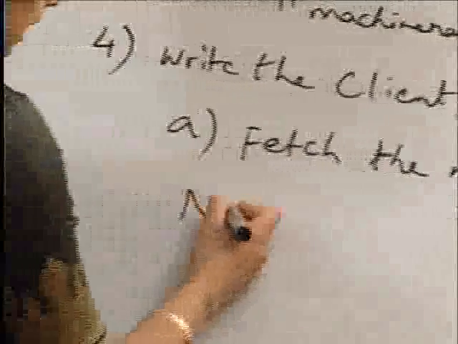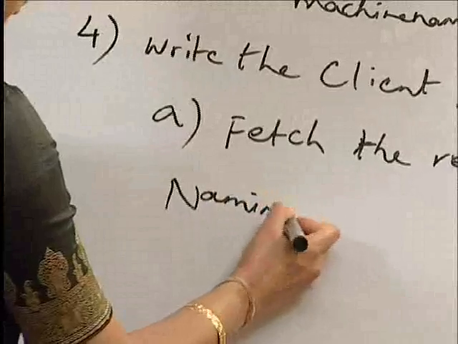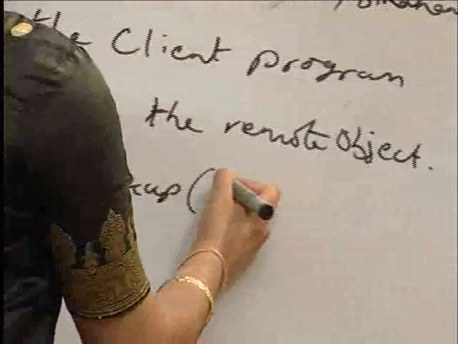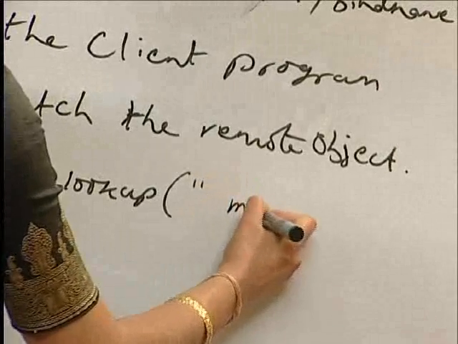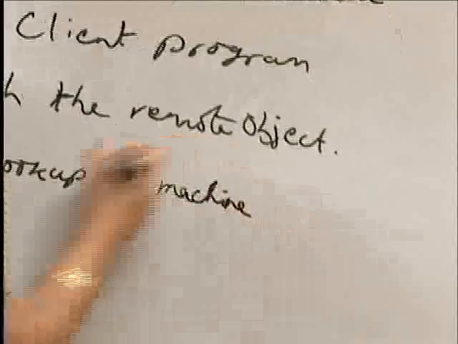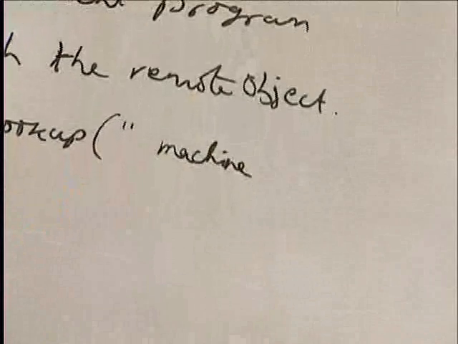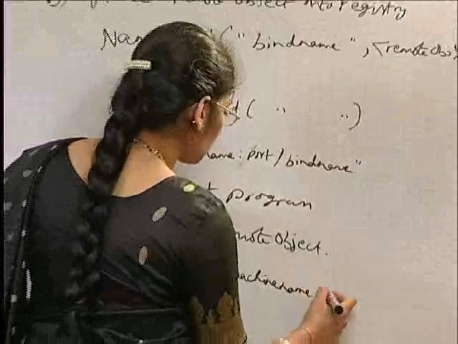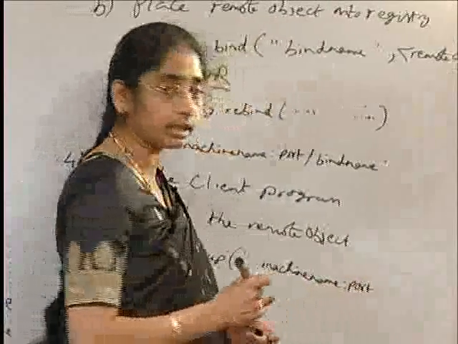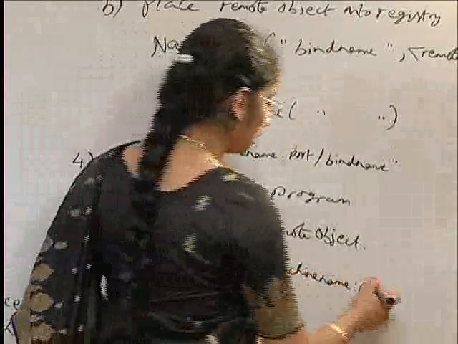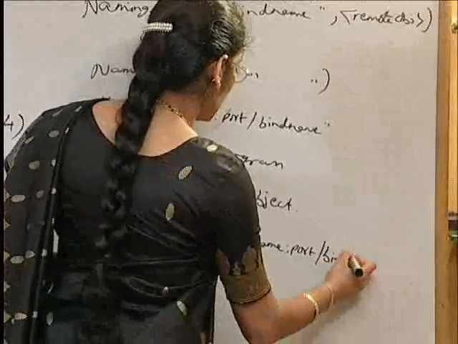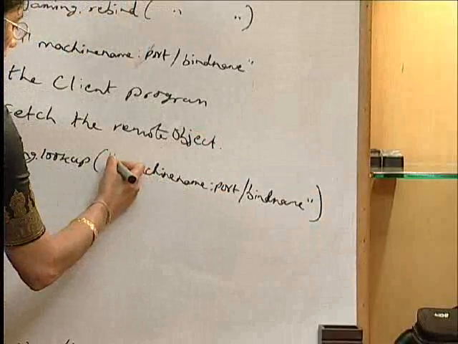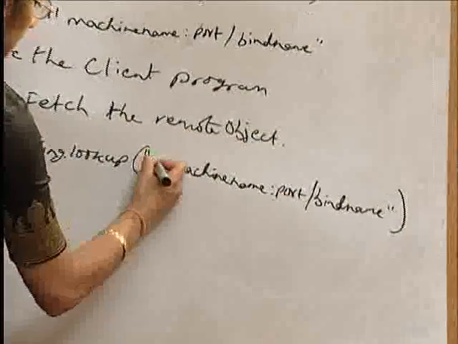That is done by saying Naming.lookup of, and specify the machine on which your registry is running. So machine name, colon, port number if required, if it's not running on the default port, slash the bind name. And the protocol that you need to use is the RMI protocol.